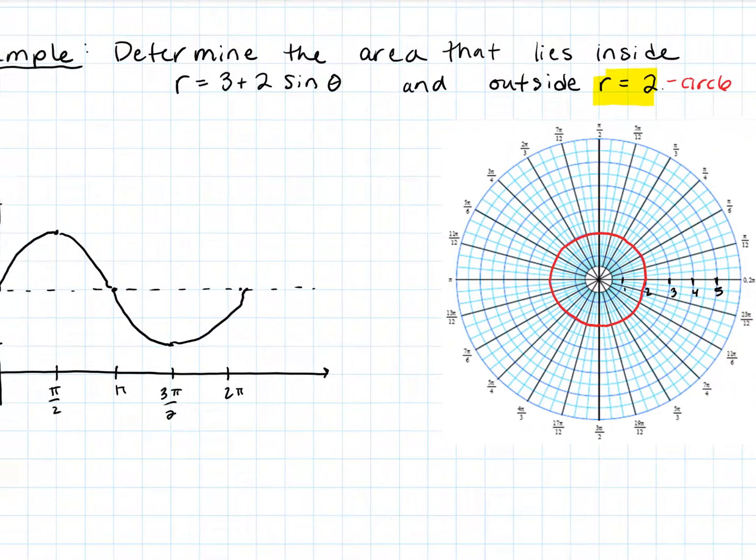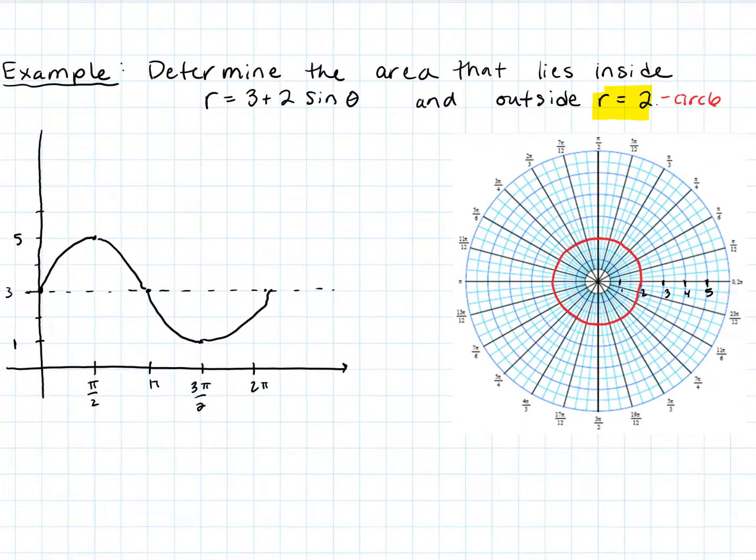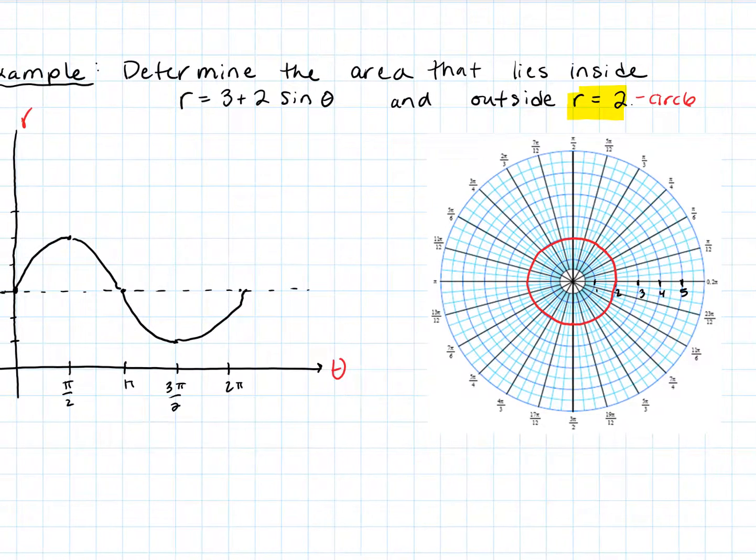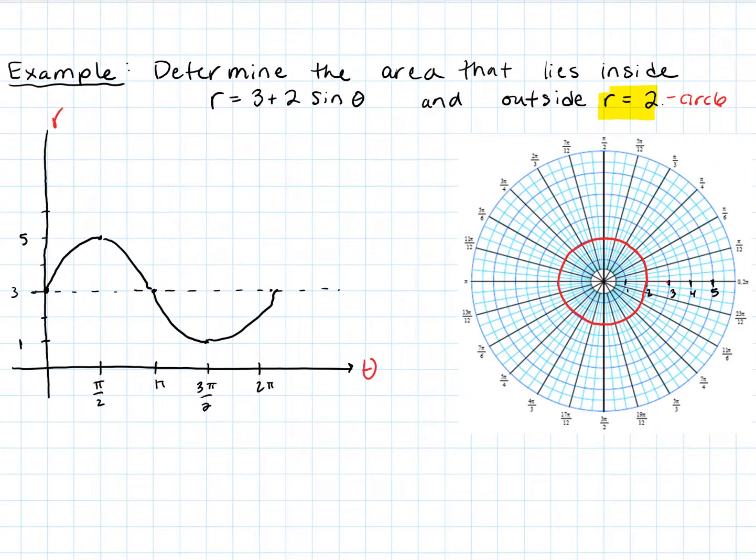So we're going to start at theta equals 0. This was the theta, the r graph. So we're going to start over here at 3, and then we're going to be up to 5, and then back to 3, and then we're going to come into 1, and then back out to 3.